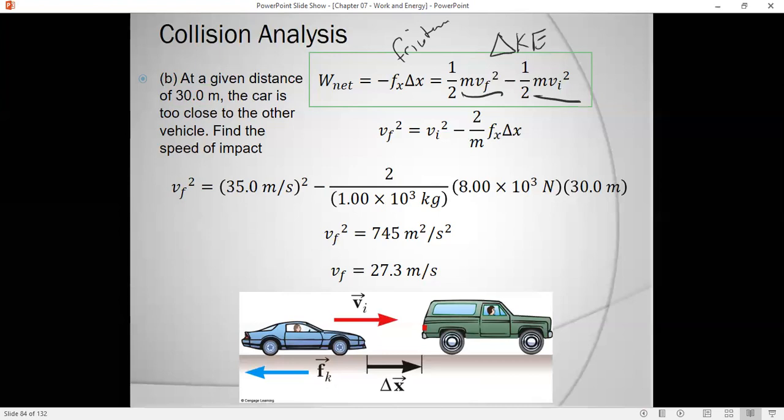Now it's important to note that this time, this final term is not going to be zero. That final term is going to help me figure out how fast am I going when I hit the car in front of me? Okay, so let's put everything in here.